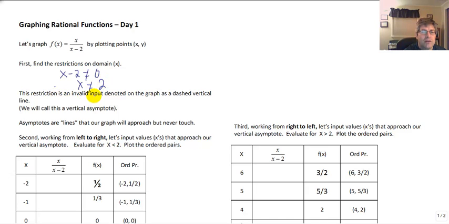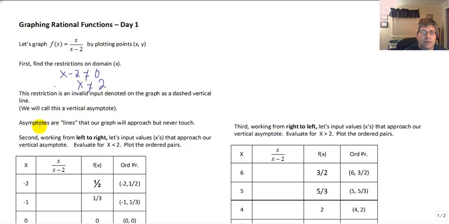This restriction creates a sort of imaginary line on our graph. We call this line a vertical asymptote. We'll have a line at x equals 2 that our graph will approach but never hit, and we will denote this as a dashed vertical line.